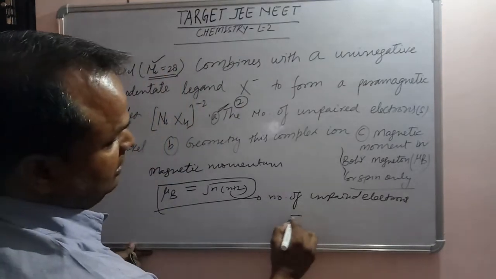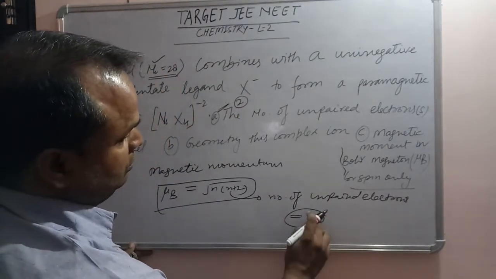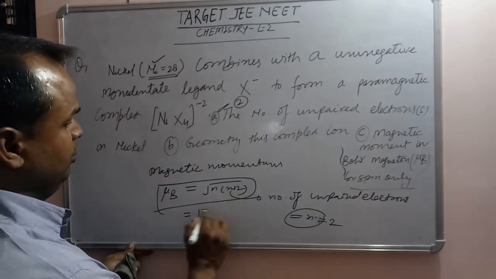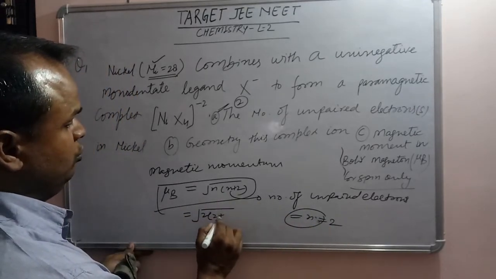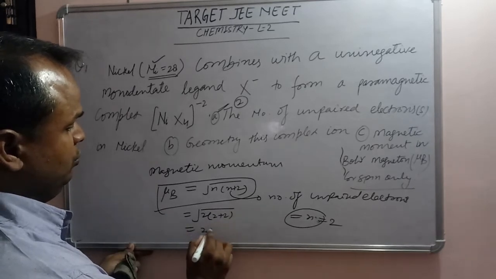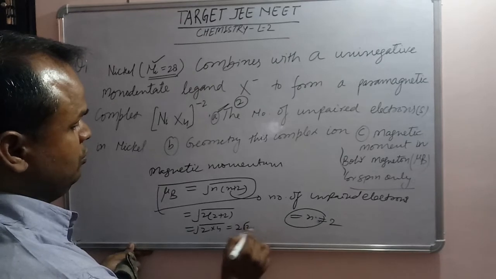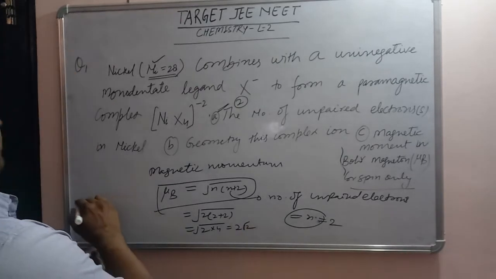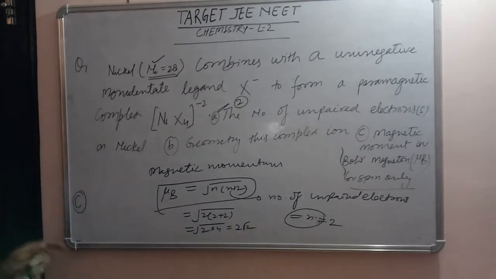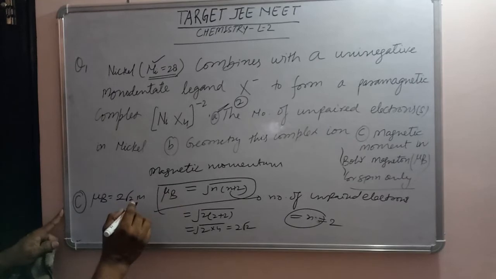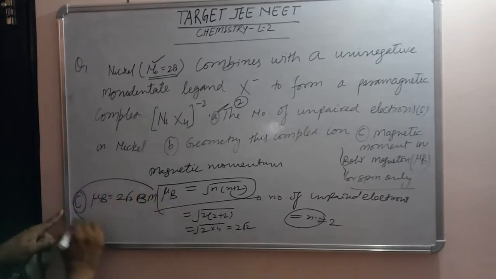We know that n is equal to 2. So this is equal to root of 2 into 2 plus 2, which is root of 2 into 4, which is 2 root 2. So the answer of part C is mu equal to 2 root 2 BM, Bohr magneton.